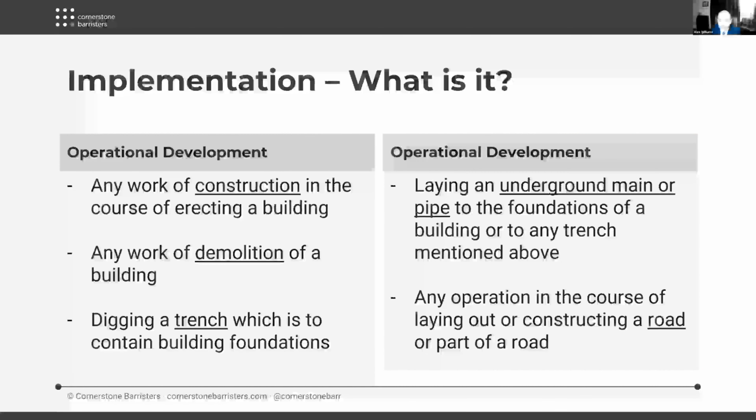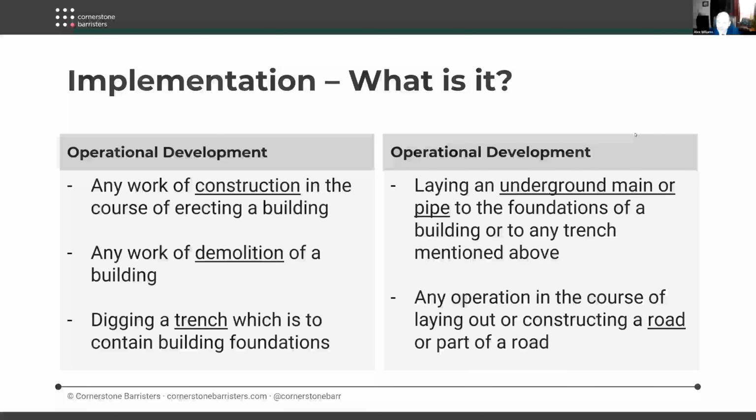In relation to operational development, we're told by Section 56 that there are 5 forms that may implement a permission. Firstly, any work of construction in the course of erecting a building. Secondly, any work of demolition of a building. Thirdly, digging a trench, which is to contain the foundations or part of the foundations of a building.